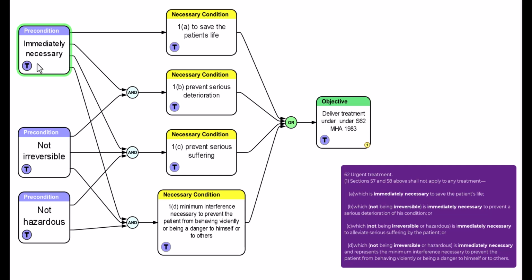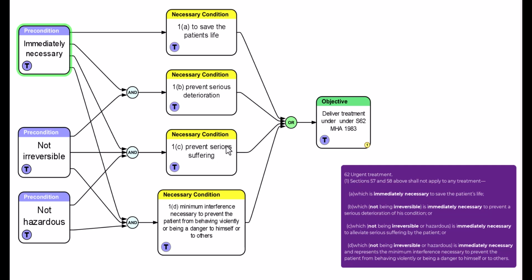Responsible clinicians and approved clinicians should be very careful not to stretch the meaning of these words and seek legal advice where necessary. So let's say one wanted to prevent serious suffering. Serious is serious. The Act doesn't define what serious is, nor does the Code of Practice.